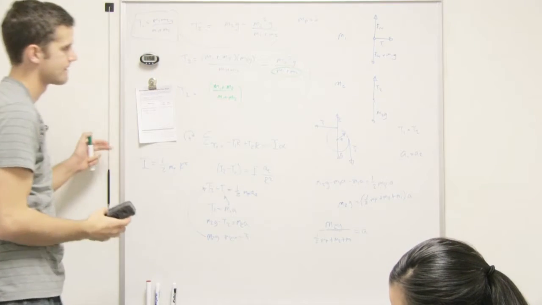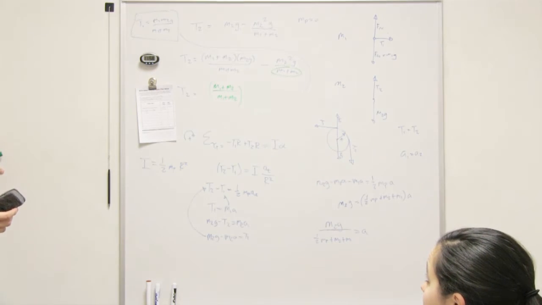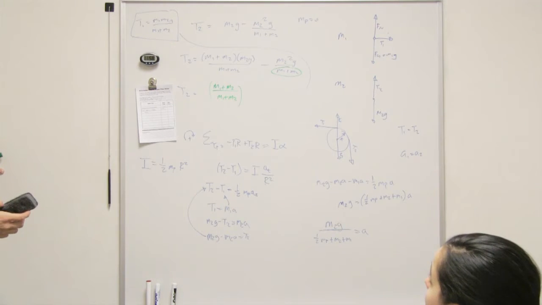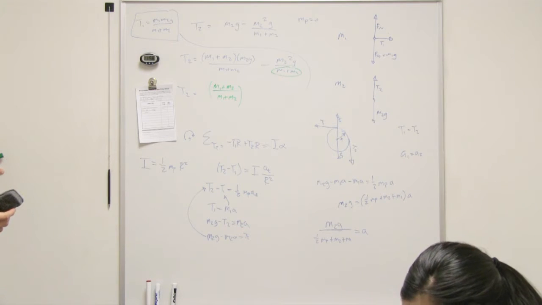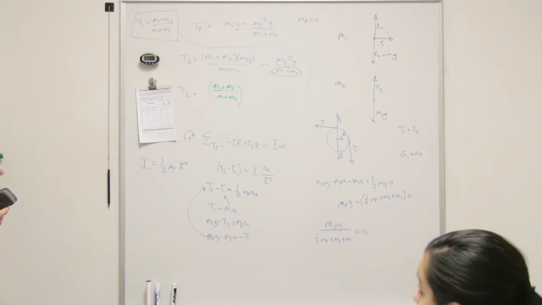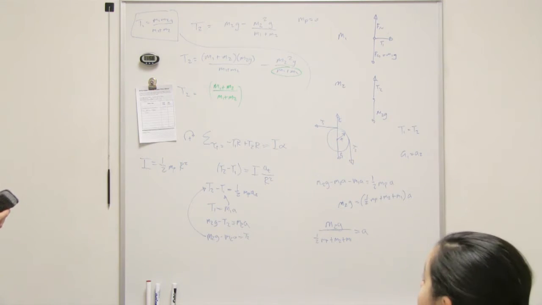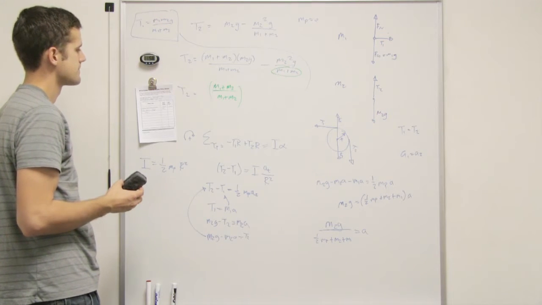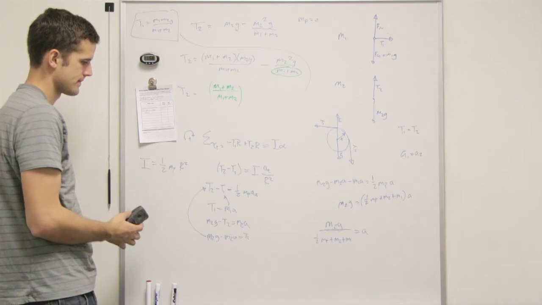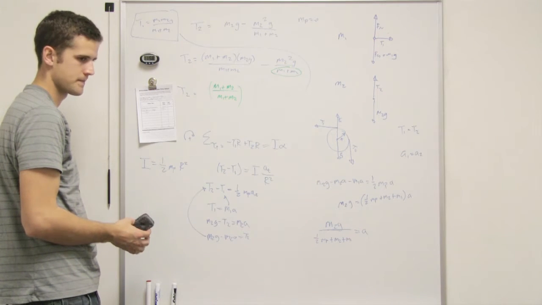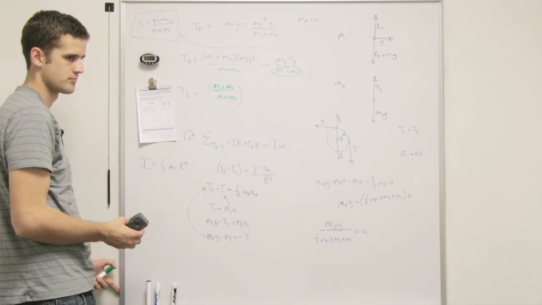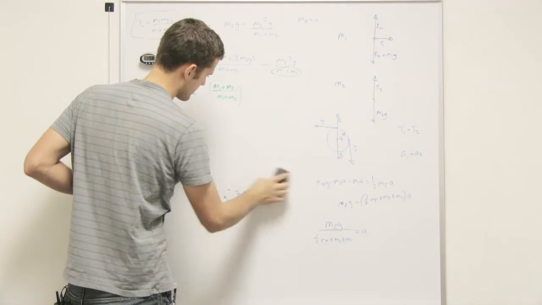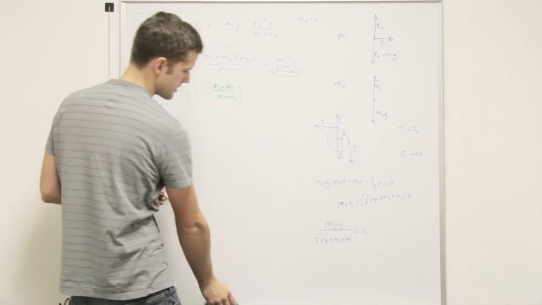So my question is, we solved that T2 was mg minus ma. How did you get this big long equation? You just set it equal to 0, and then you solved what you needed to. Okay, I see what you did there. Oh wait, no. We took the tensions that we found. We found T1 and T2 with the mass of the pulley, we said the mass of the pulley equal to 0, and then we took those numbers and changed them around to equal each other. So that shows that the tensions are equal to each other, but actually, it's still equal to what we solved for.